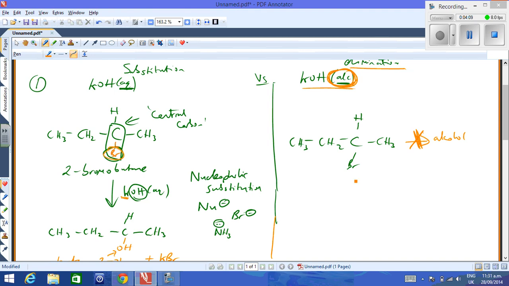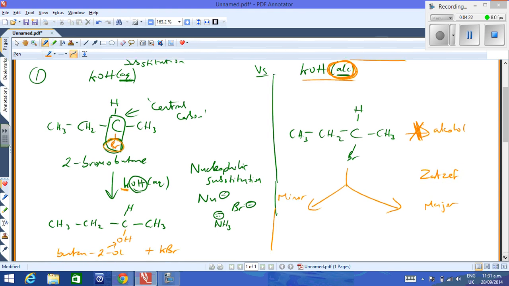They're more interested in whether you can predict the two possible products that will come off this elimination reaction, because you're going to have a major product and a minor product. This brings in a guy called Zaitsev, the Russian chemist that you need to be aware of when you're dealing with your organic chemistry.